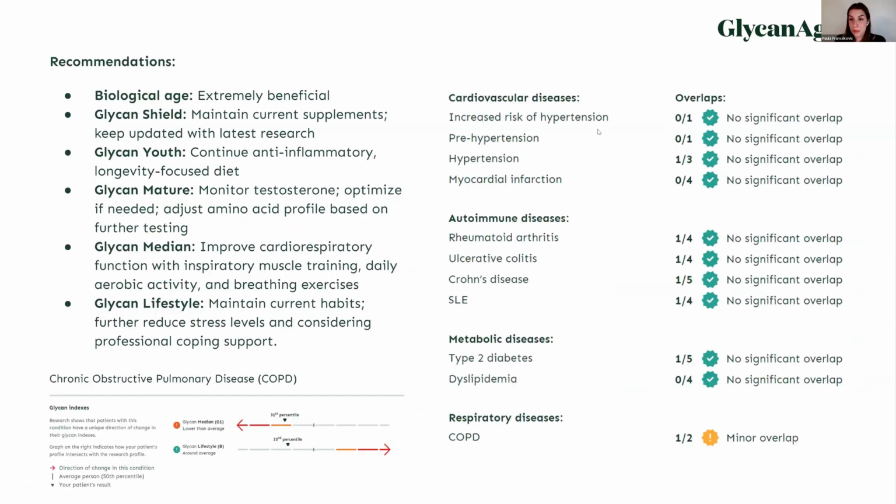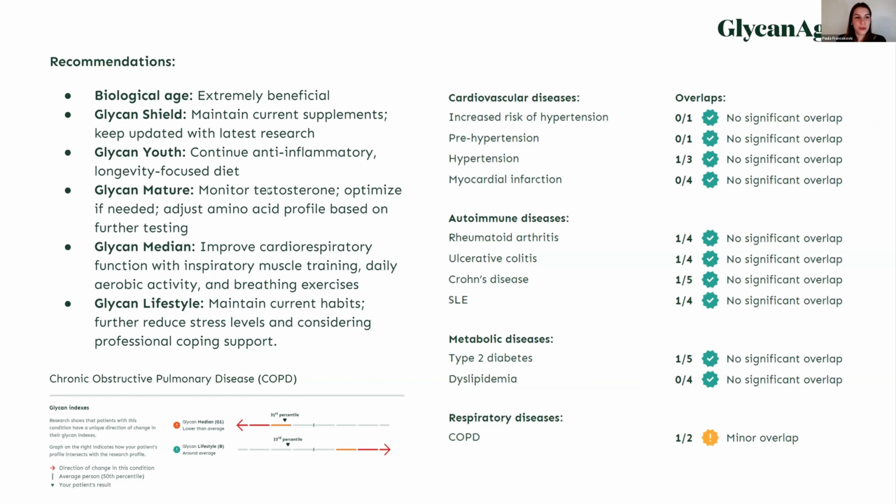With the overlaps, we see no significant overlaps across the board and minor overlap with the COPD department, primarily driven by slight reduction of the glycan median, which shows that we should focus on the cardio side of the cardiorespiratory function.